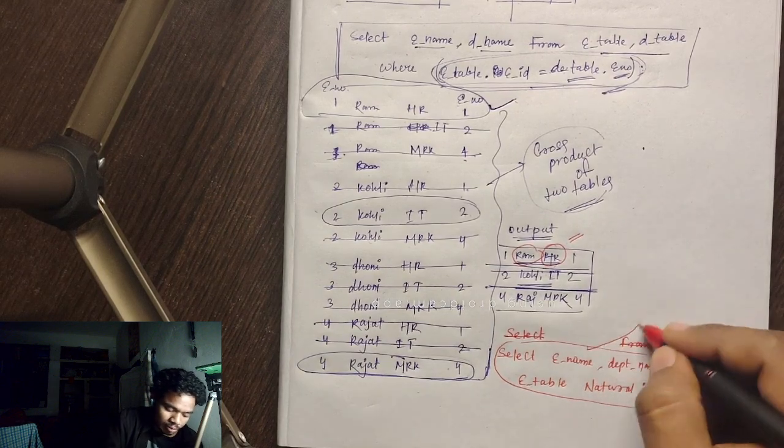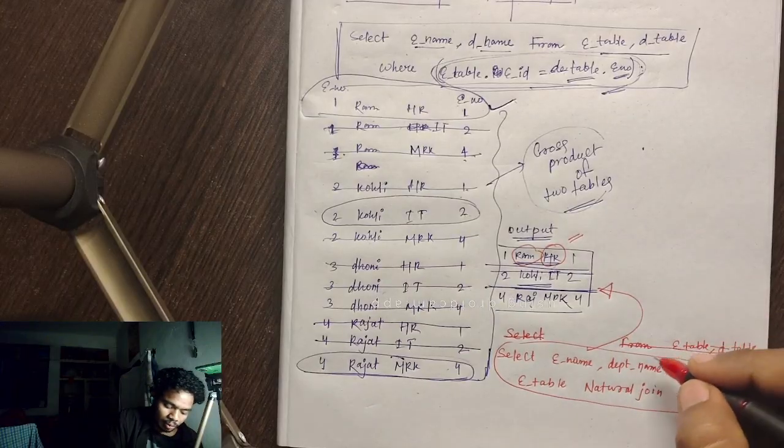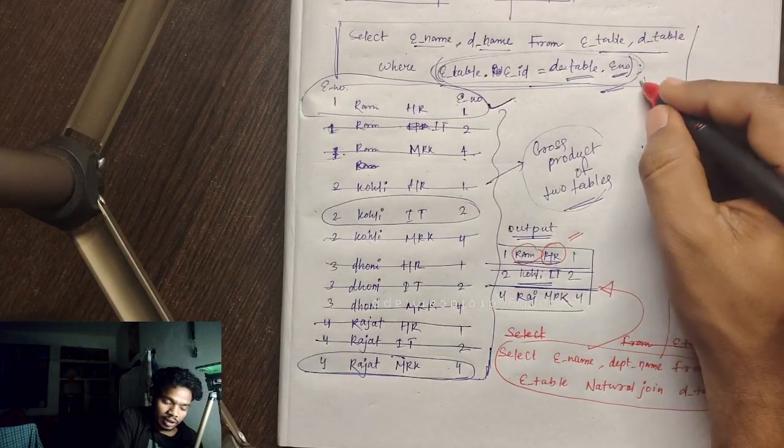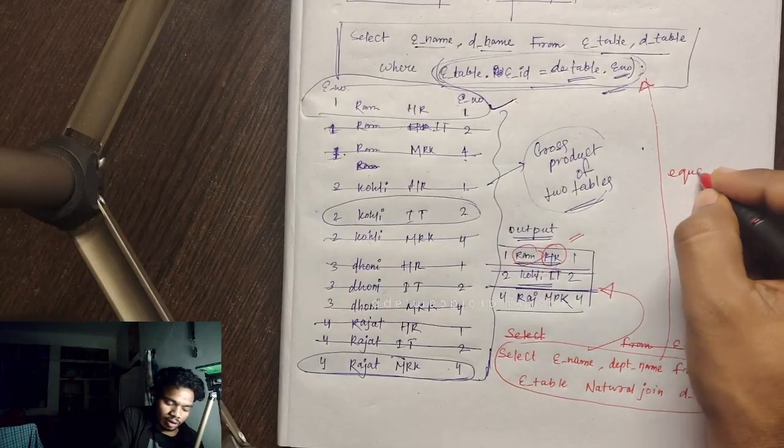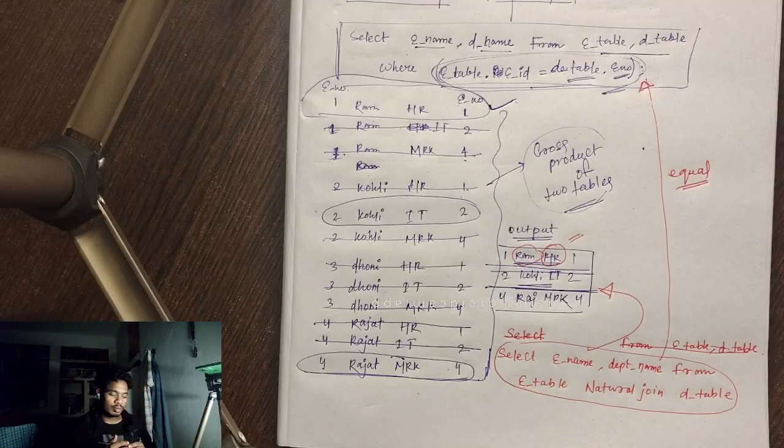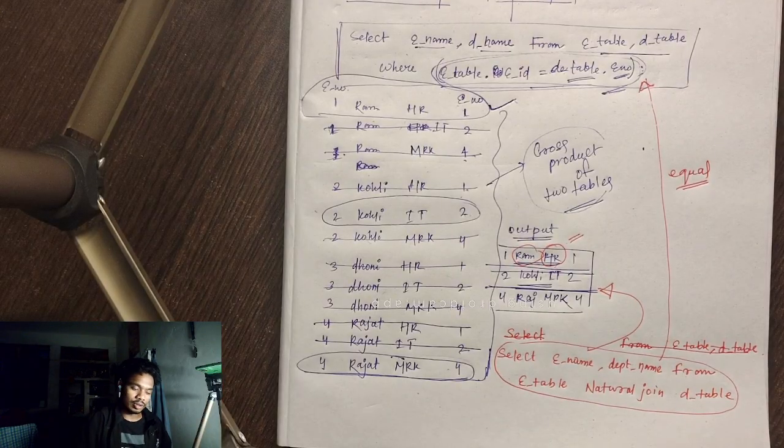This query also gives us the same output, and this query is equal. Now let's move to another part, and that is self join.